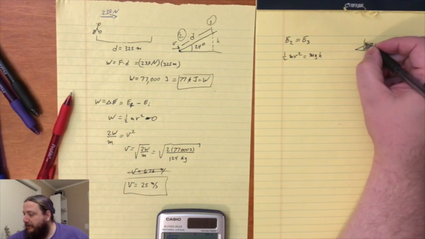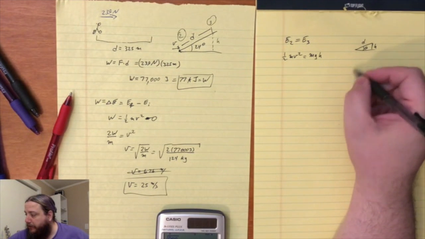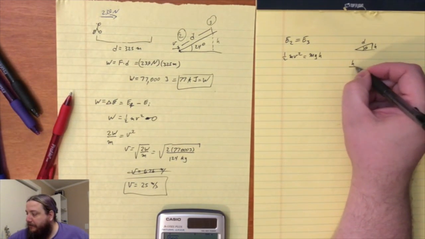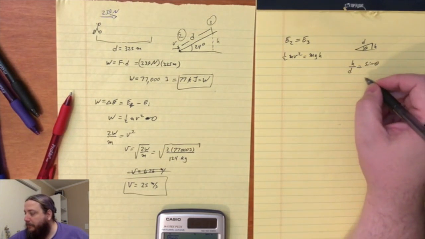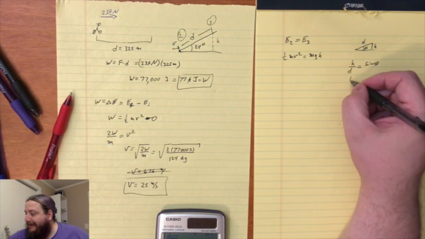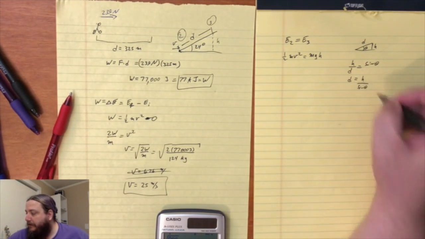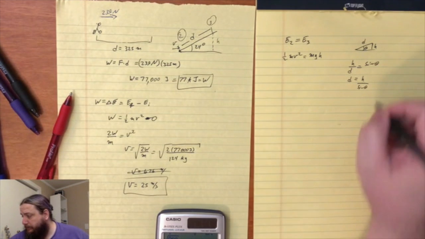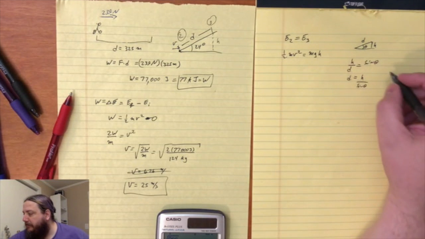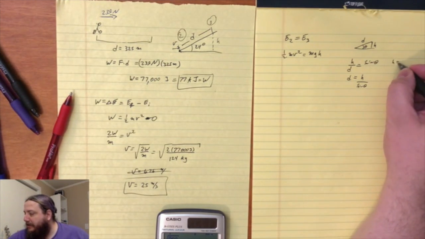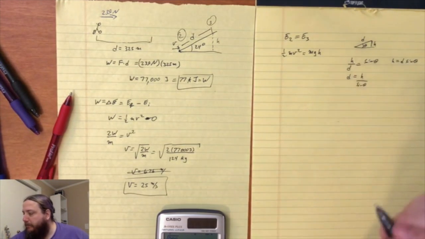This is our h. That's our d. Opposite over hypotenuse. h over d is the sine of our angle, so h equals d sine theta.